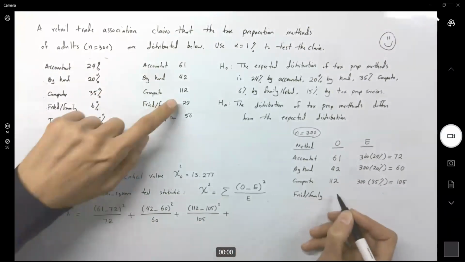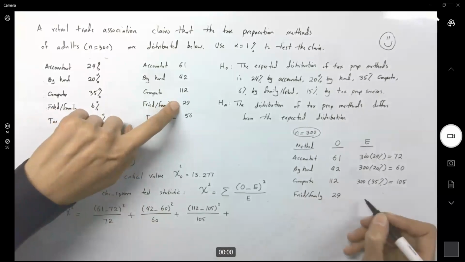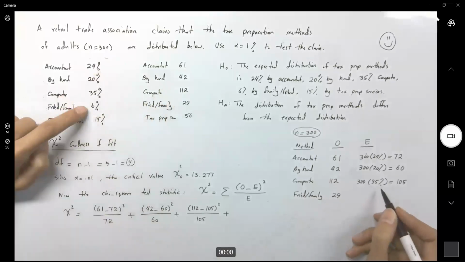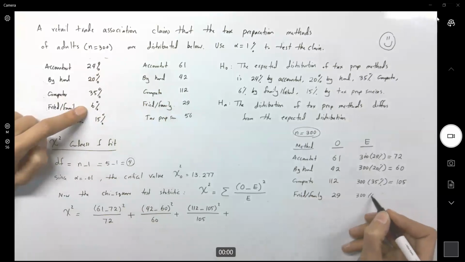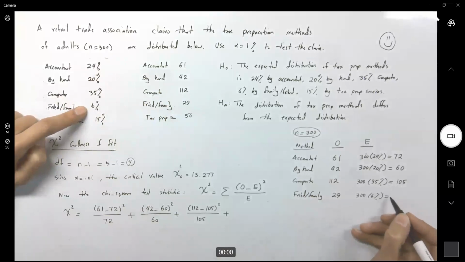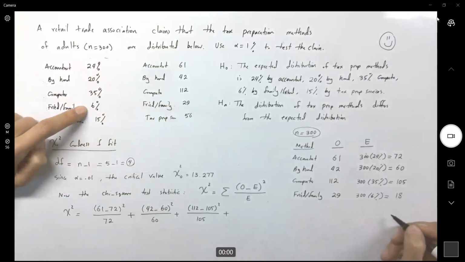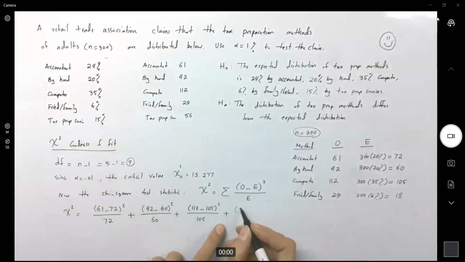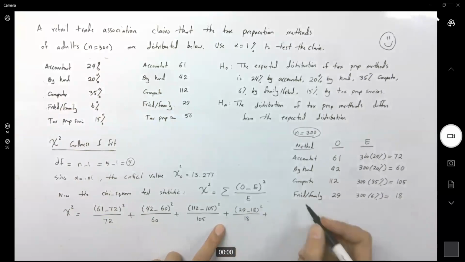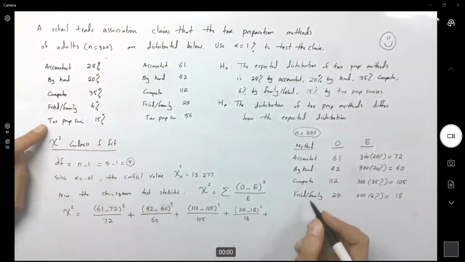The observed value is 29, and the expected value is 300 times 6%, which is equal to 18. So now you have 29 minus 18 to the second power divided by 18, plus the last category, tax prep services.